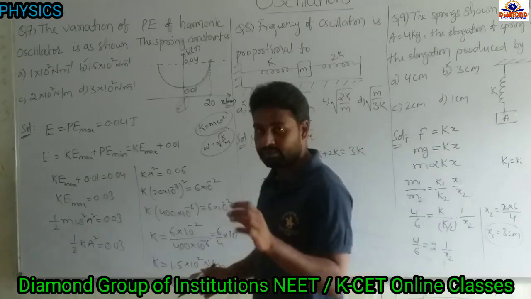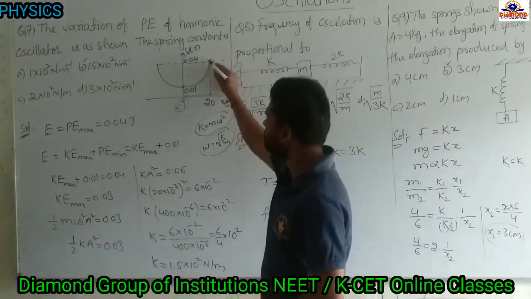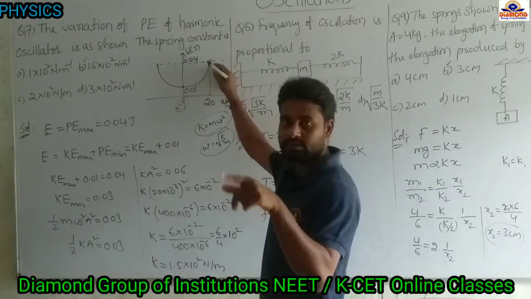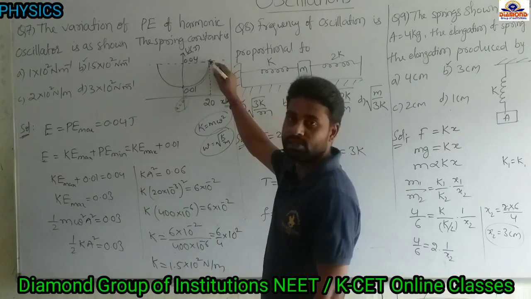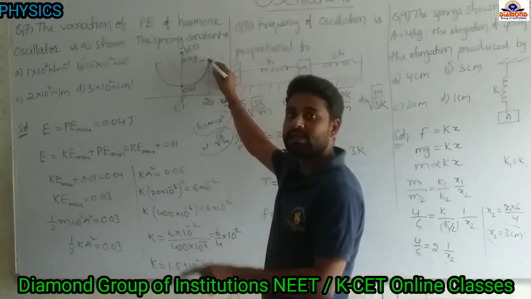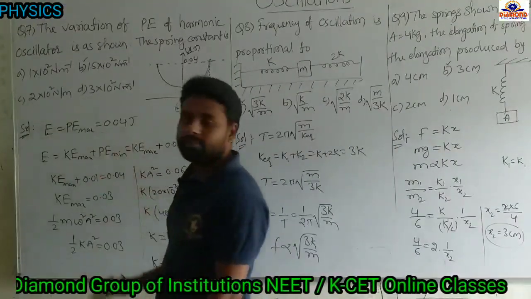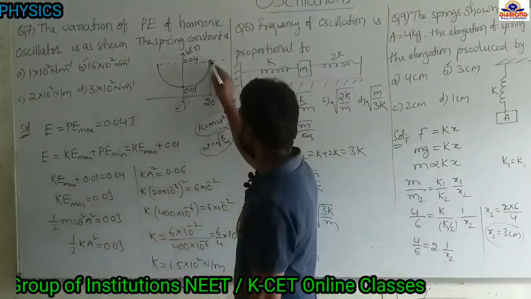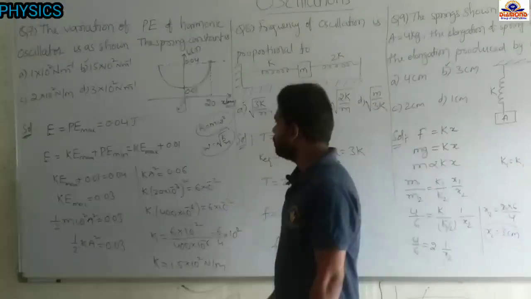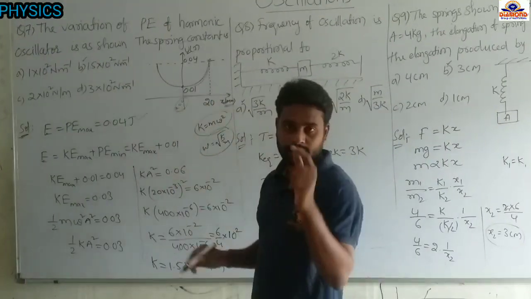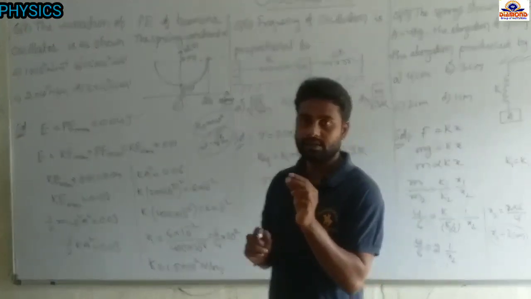But when the particle is at the extreme, the velocity is 0, then kinetic energy will become 0. So the total energy is in terms of the potential energy only. The total energy equal to the maximum potential energy, that is equal to how much they have given? 0.04 joule. Okay.